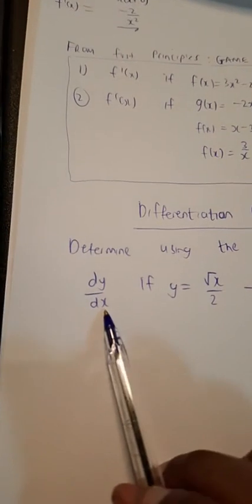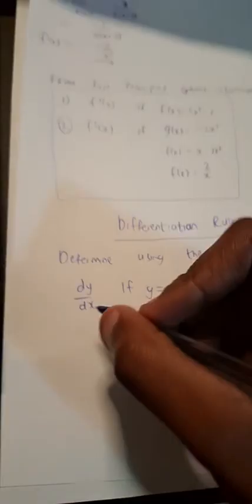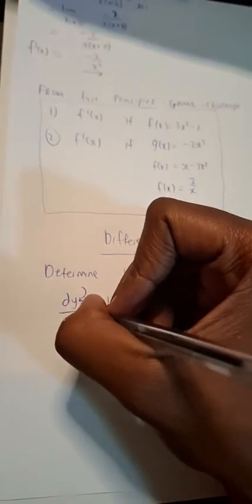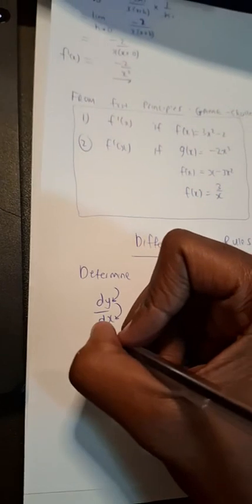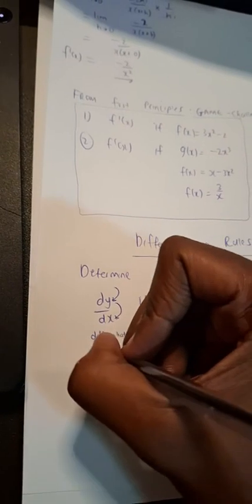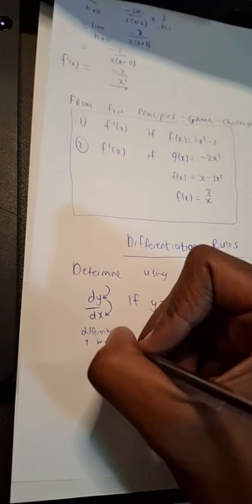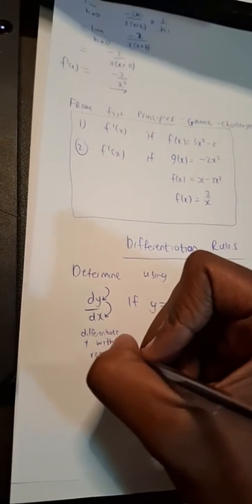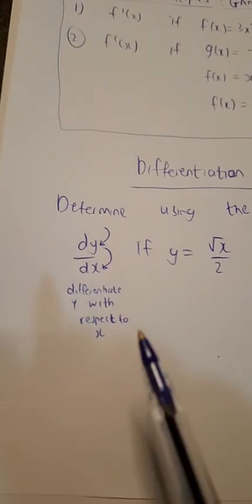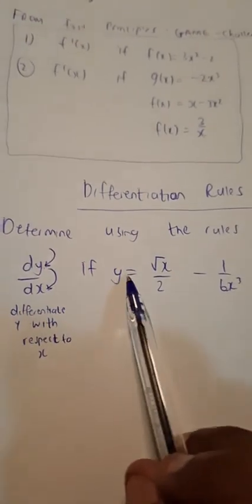This one we call dy over dx. In other words, what this is saying is differentiate y with respect to x. That's what this is saying. So if you look, it says differentiate y with respect to x if y is equal to.